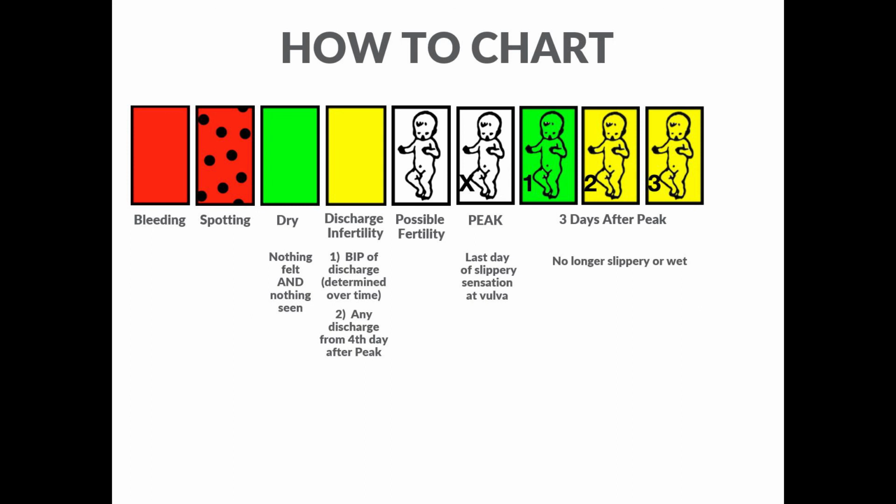These are only used 3 days in a cycle. They're the 3 days right after the peak that is still fertility, but you'll be experiencing discharge that is not wet or slippery, and so it'll be either green baby for dry, nothing felt and nothing seen, or a yellow baby for some kind of a low moisture discharge day. And then we do mark acts of intercourse on our chart with an I.